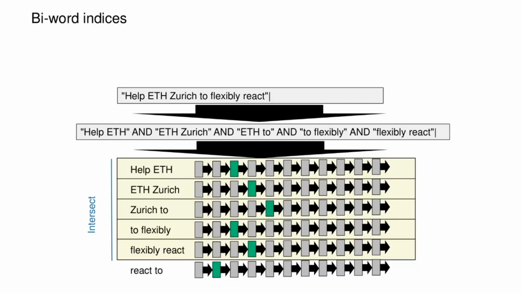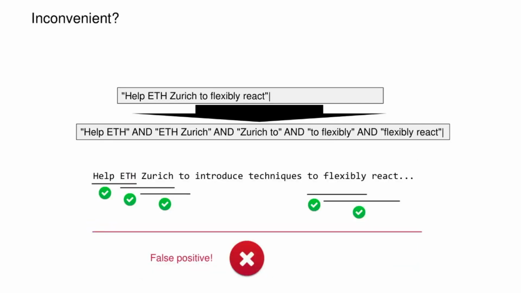Who agrees that I will return at least all of the documents that have this sentence in this way? Okay. Who thinks I will return only these documents? Who thinks I might return more? And you are correct indeed, because we can have false positives.